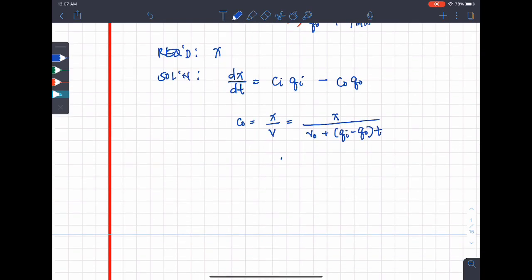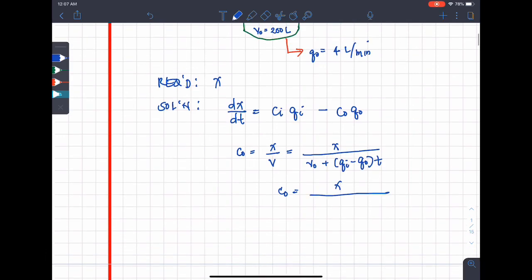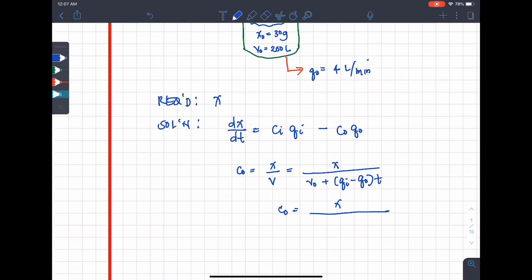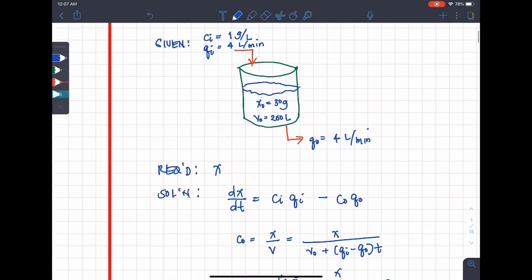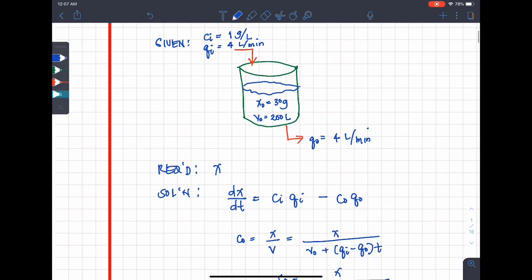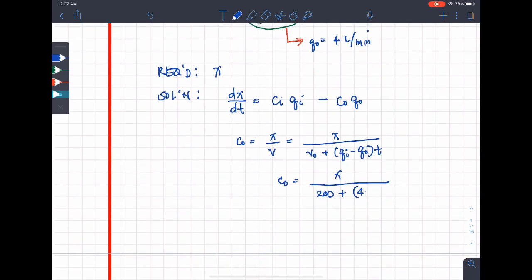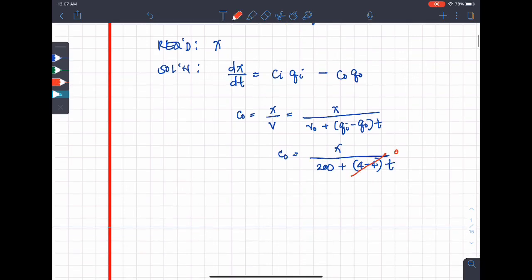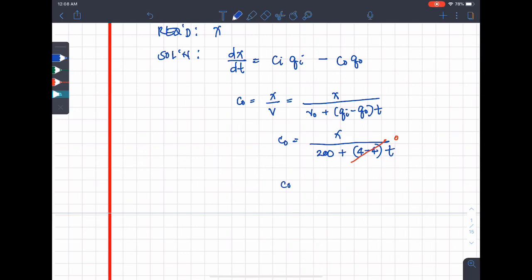So C out is X over the initial volume, 200 liters, plus 4 minus 4 times t. Since 4 minus 4 is 0, the output concentration is X over 200.